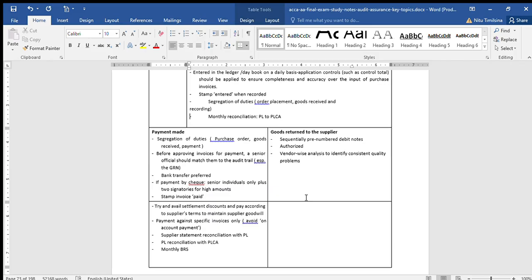Before approving invoice for payment, senior officials should match them to audit trail, especially the GRN. Bank transfer is preferred. If payment by check, senior individual only plus two signatories for high amount invoice, stamp invoice paid.